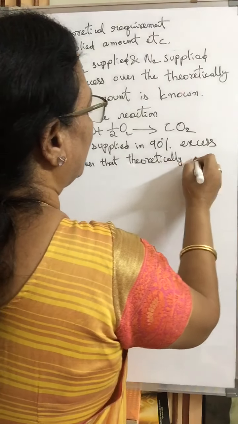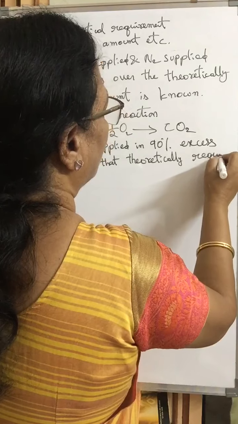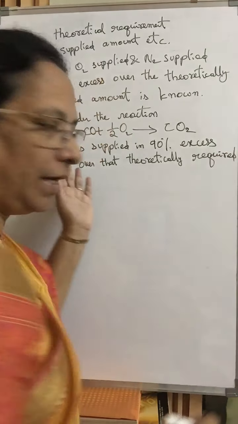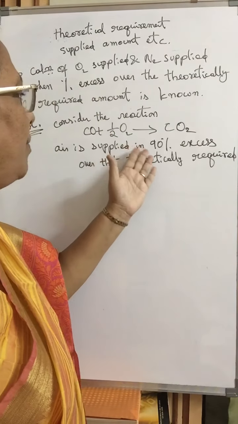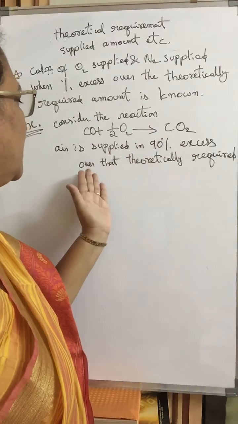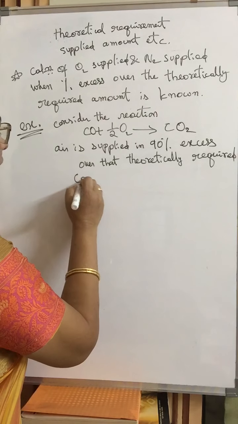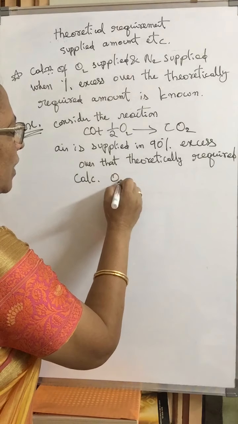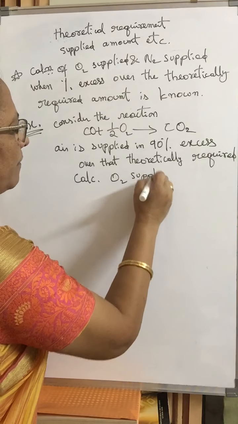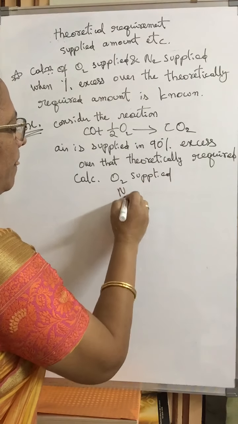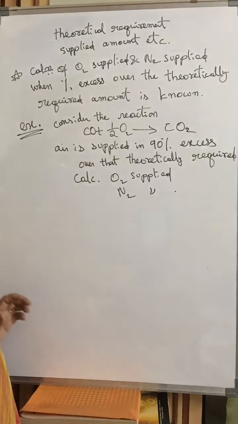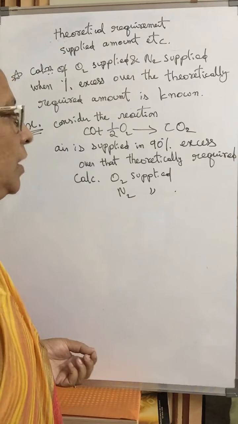Usually you find these things in big problems. Now you need to calculate oxygen supplied and nitrogen supplied. This is our small example problem.